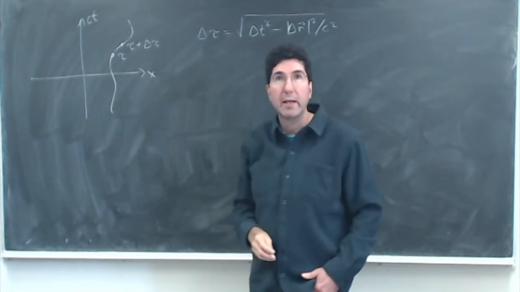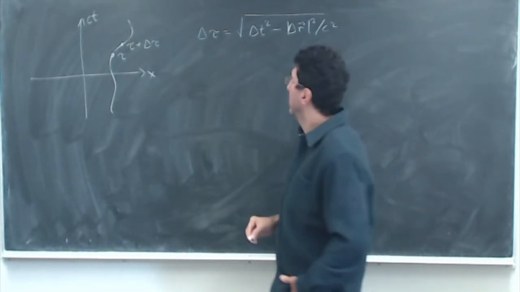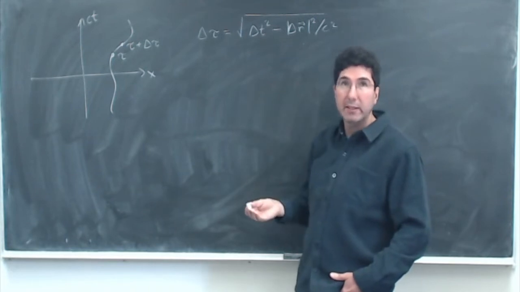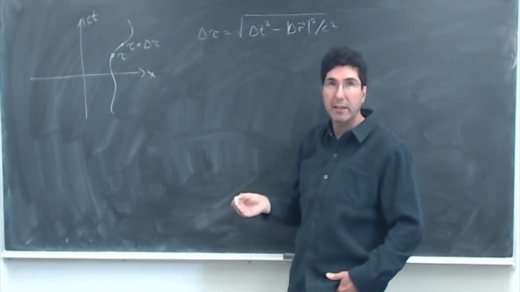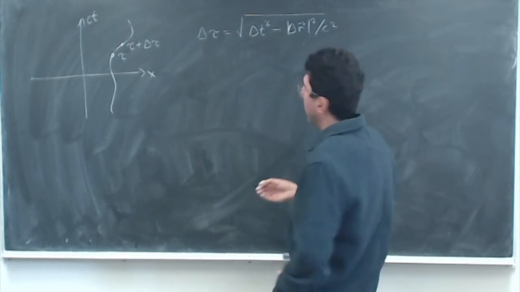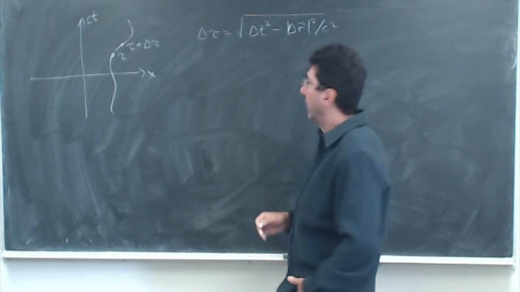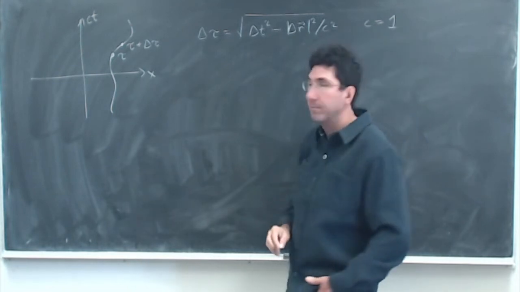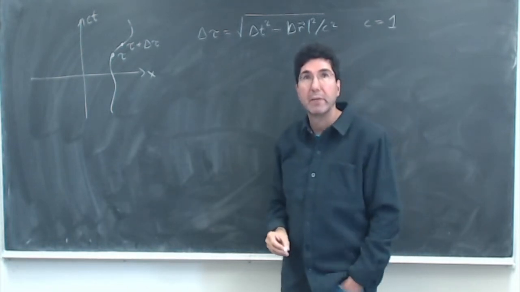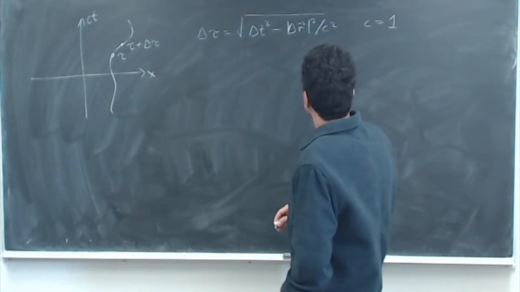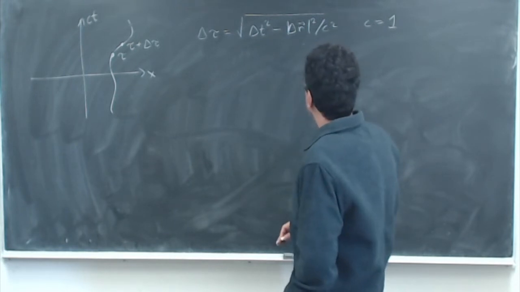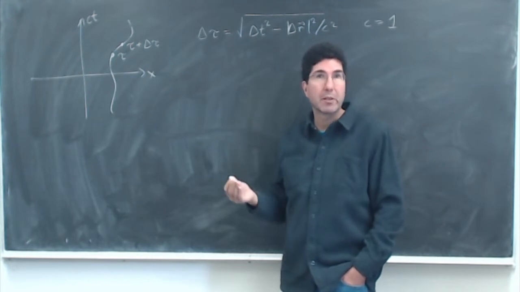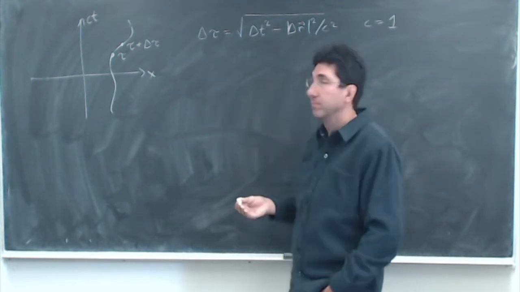Now I am going to set c equal to 1. C's in formulas like this clutter everything up, they make things less clear, and I'll get them wrong every time, so I don't want that to be a distraction. So I'm just going to set c equal to 1 from now on, and we can always restore the factors of c. Sometimes I'll restore them to make a point about the non-relativistic limit and so on.